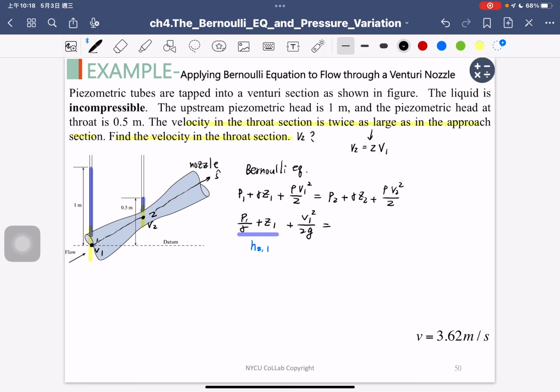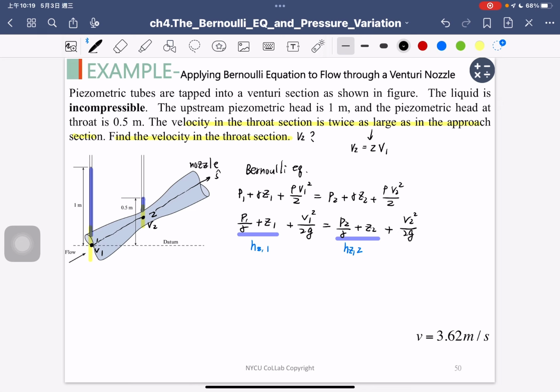This will equal, again, P2 divided by gamma plus Z2, and this is our piezometric head for section 2. I call that piezometric head H2, plus V2 squared over 2g.